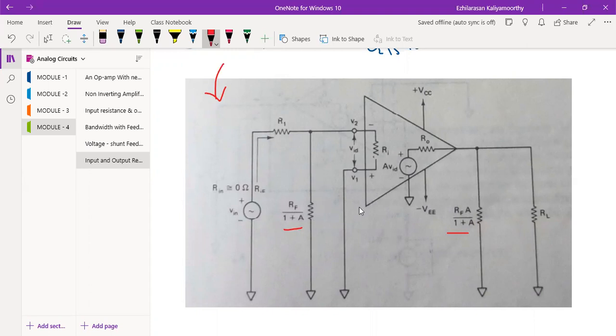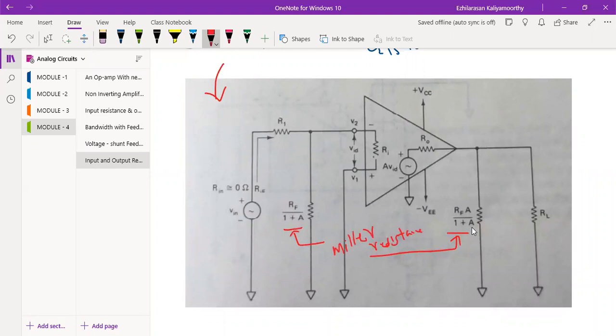These two resistances are what we call Miller resistances. The Miller resistance makes it easy to find the input as well as the output resistance. That is called Miller's effect.